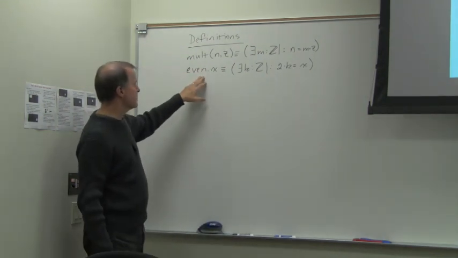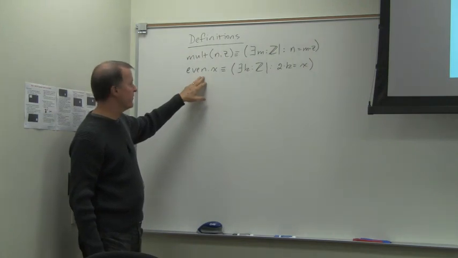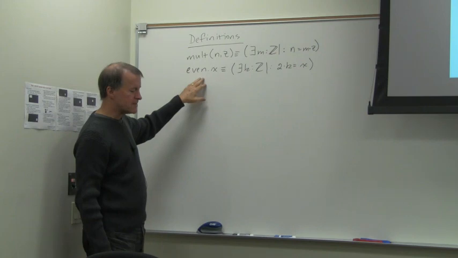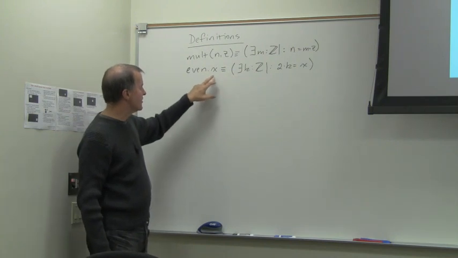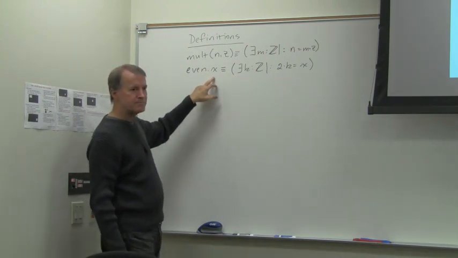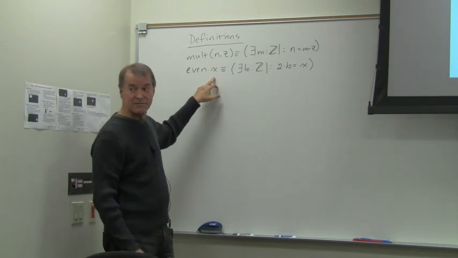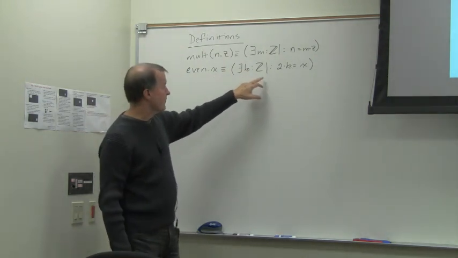And here is the definition of even. What does it mean for a number to be even? In other words, why is 10 even? Because what exists? A number exists where if you multiply it by 2, you get 10.